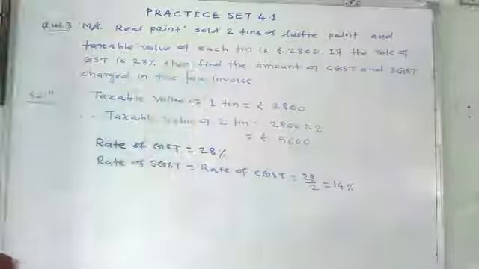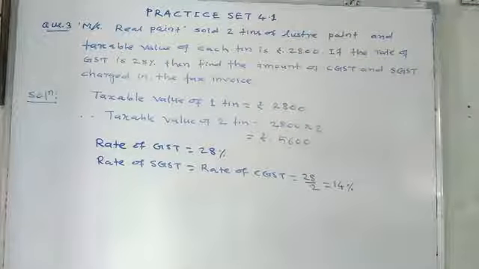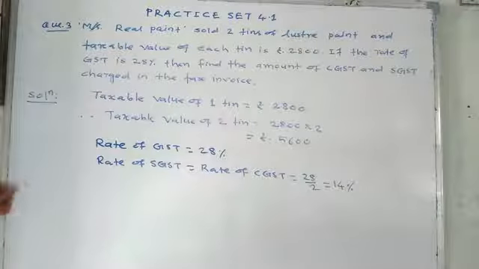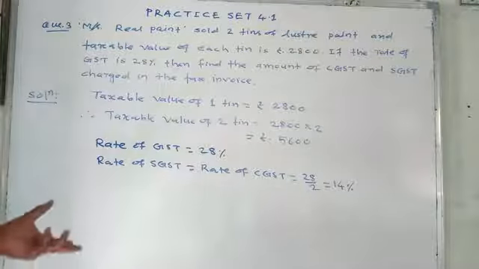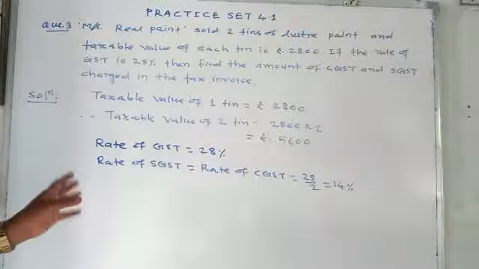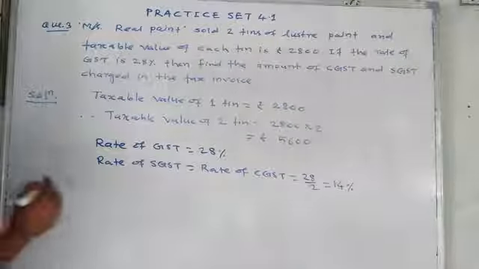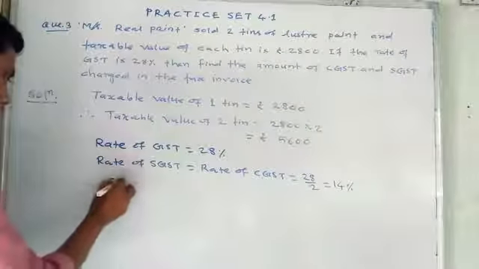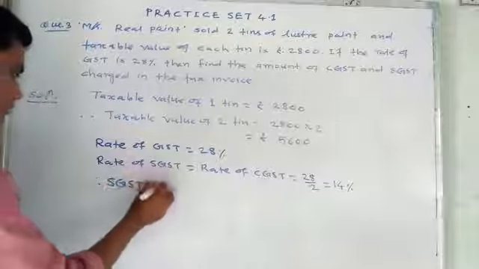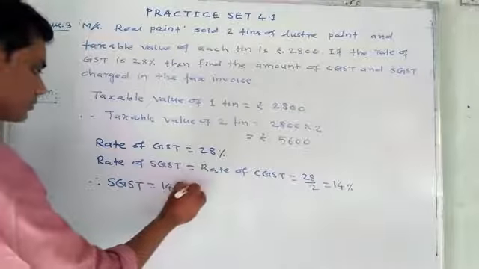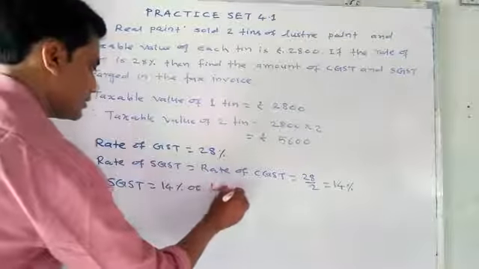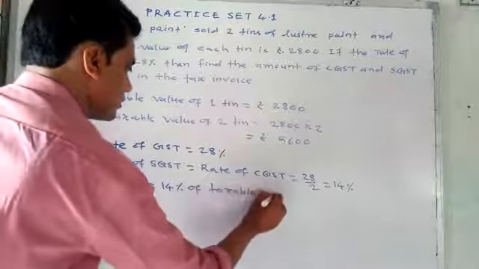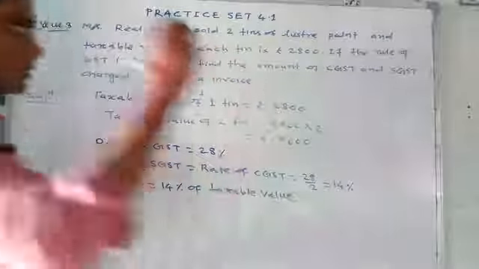Rate of SGST and rate of CGST is 14%. Therefore CGST or SGST is equal to 14% of taxable value.